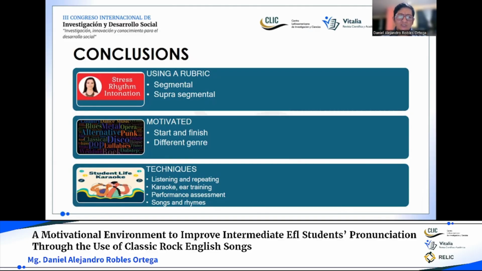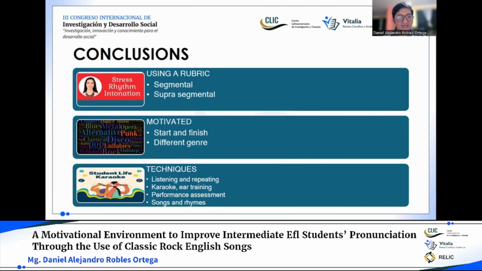Students feel widely motivated to learn pronunciation through classic rock English songs at the beginning and at the end of the class. However, in some cases, they would rather work with a different musical genre instead. Pupils confirmed that their teachers use a rubric to evaluate pronunciation, and both segmental and suprasegmental elements of pronunciation are improved by using this kind of songs.